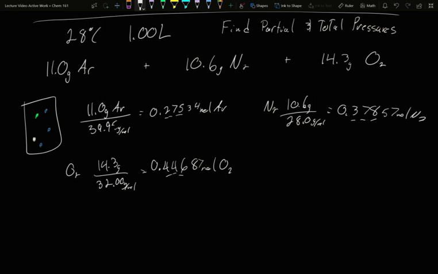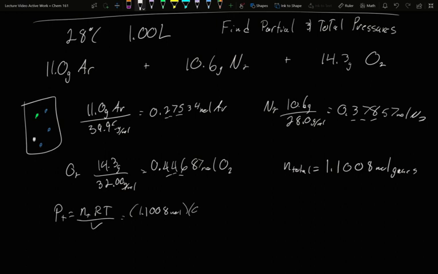If I want to sum the moles, n total, just the sum of all 3, we'll find there's 1.1008 mole of gases. So I can find the pressure total from that. P total is going to equal the moles total times R times temp over the volume. 1.1008.